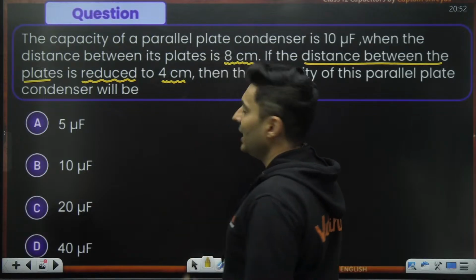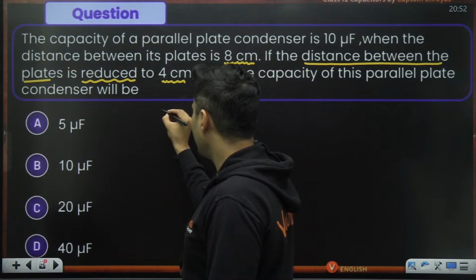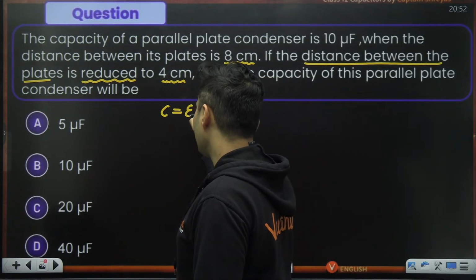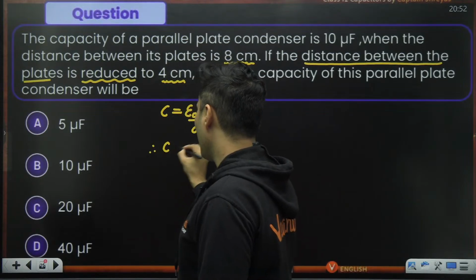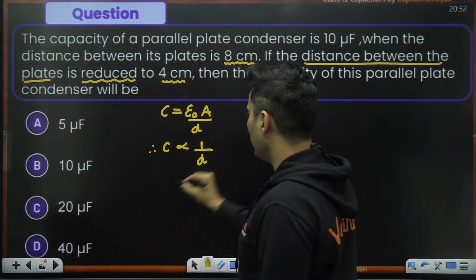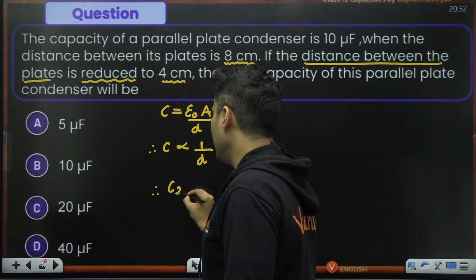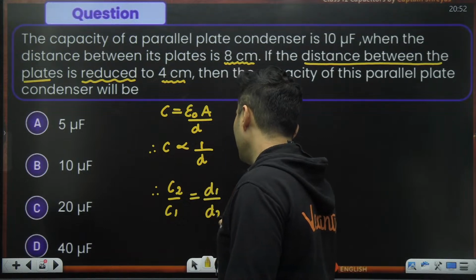Earlier it was 8 centimeter. Rest everything is constant. So we know that capacitance is epsilon naught A by D, therefore capacitance is inversely proportional to D. So can I say C2 by C1 is nothing but D1 by D2.